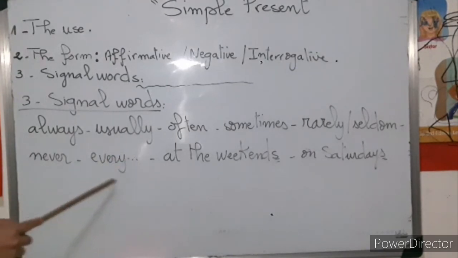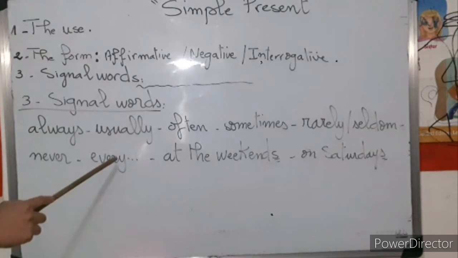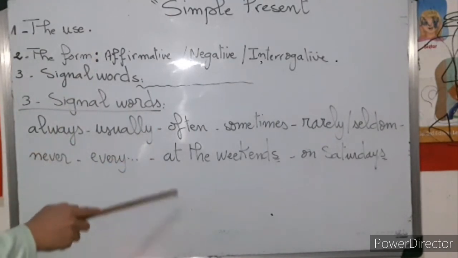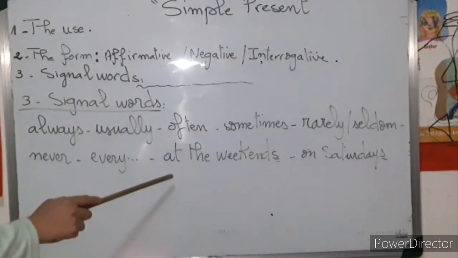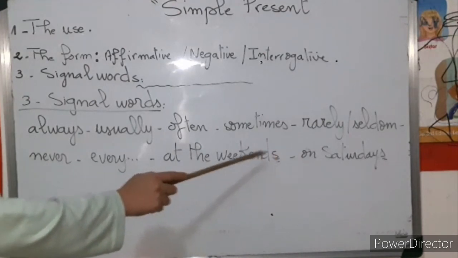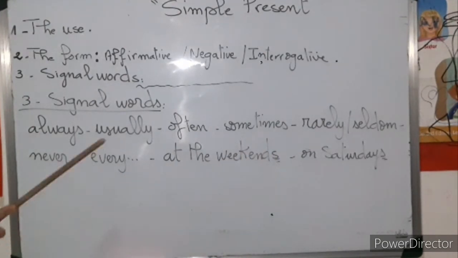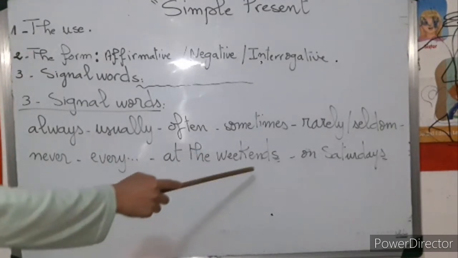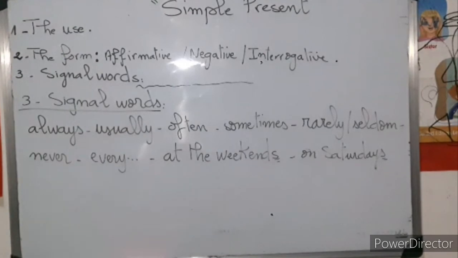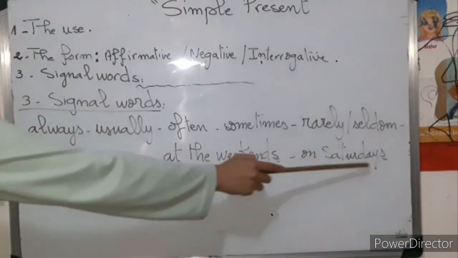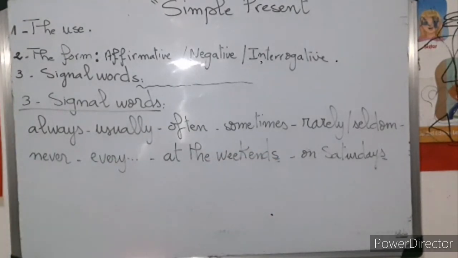For example, every day, every year, every night, every summer, etc. Every morning. At the weekend or at the weekends with S, when you have an S on the days of the week or the weekend, which means every weekend, okay? At the weekends, which means every weekend. On Saturdays again, which means every Saturday, okay?